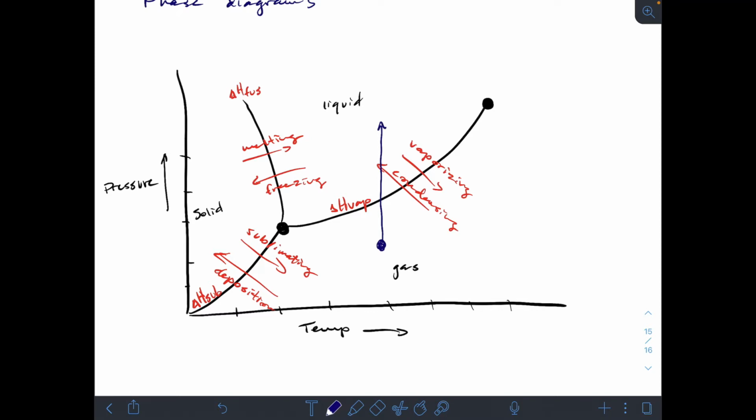When I hit the delta H of vaporization line, now I'm in the phase transition, and then as I increase the pressure, my molecules get closer together and end up as liquid. So we can use words to describe processes based on what's happening in our diagram.